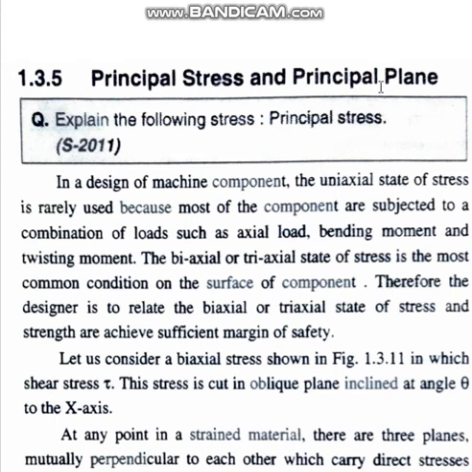It is not that one member is subjected to only one type of stress. Many types of stresses can be coming, so we have to find out the effect of all of them.